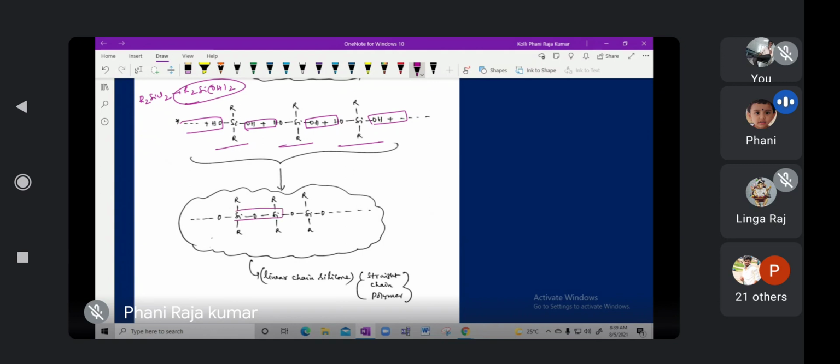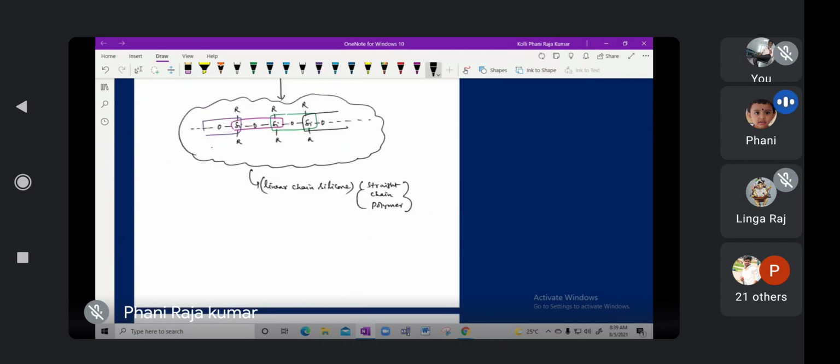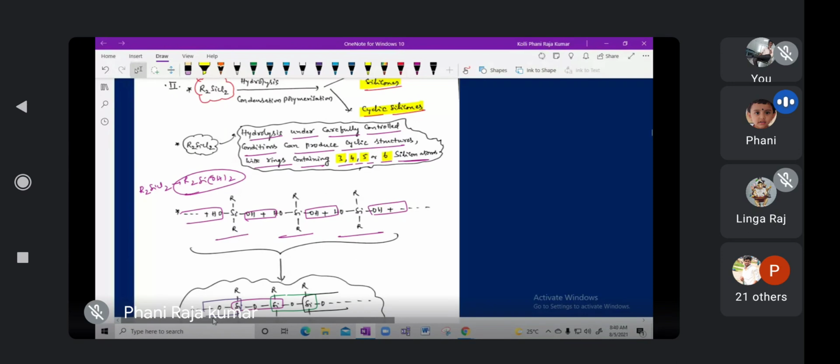Many SiO linkages are formed and give a linear chain silicone structure, a straight chain polymer. So R2SiCl2 gives linear chain silicone or straight chain silicone.